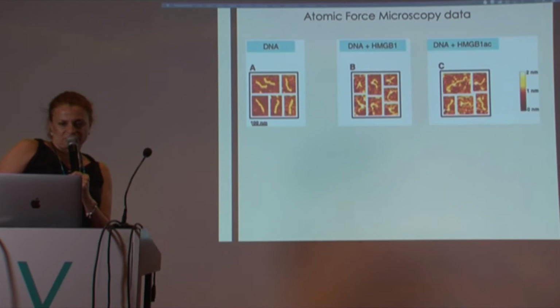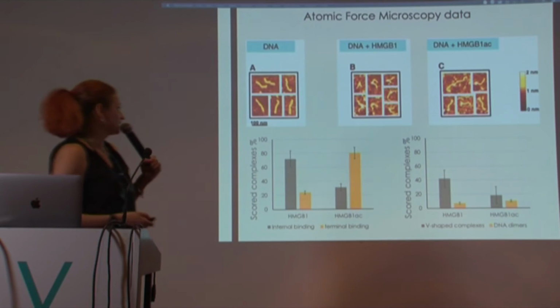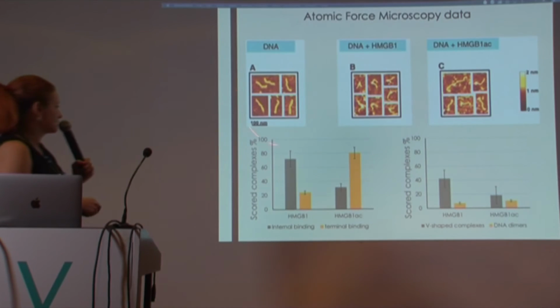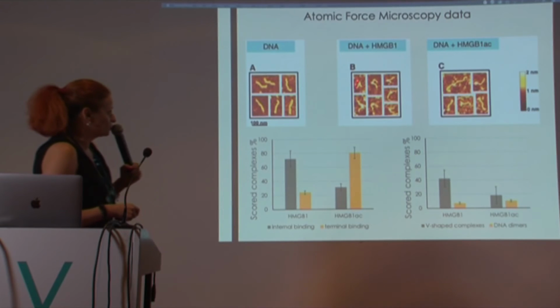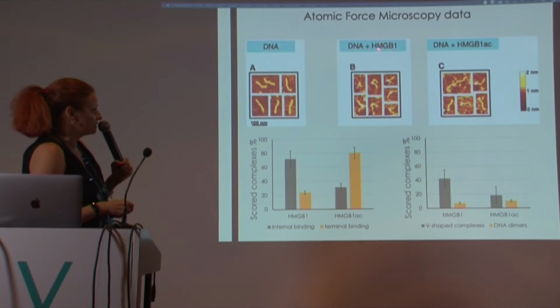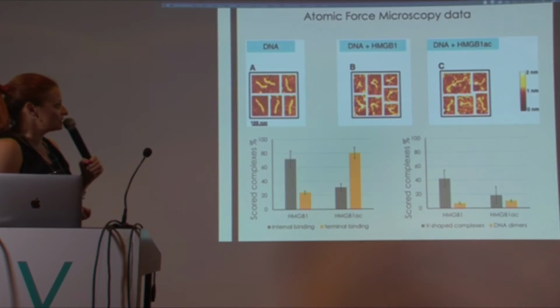we did some atomic force microscopy, and indeed, it turns out here is a linear DNA, here is DNA in the presence of HMGB1, and you could see that indeed non-modified protein has a great affinity to the center of the DNA fragment, and acetylated protein binds mainly in the ends.